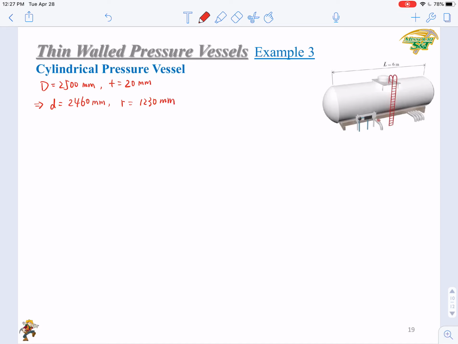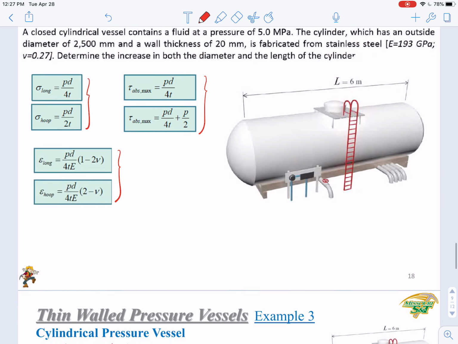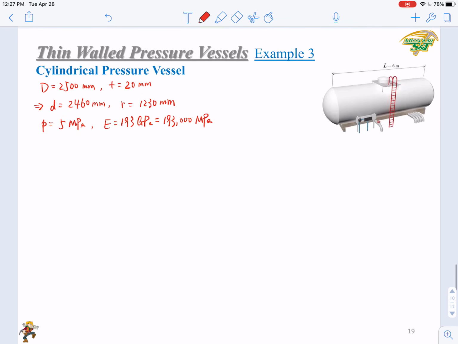Then the pressure P is 5 MPa. And the E, 193 gigapascal, 193,000 MPa. And the Poisson ratio is given as 0.27.